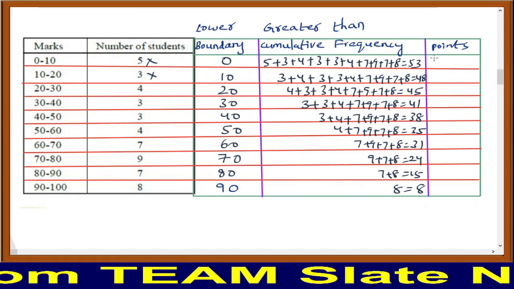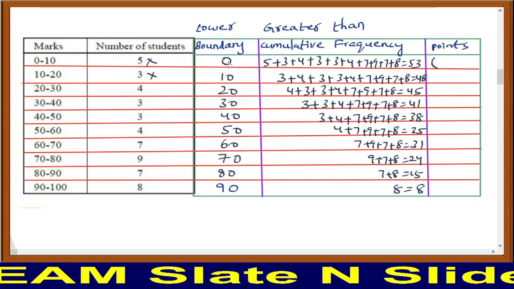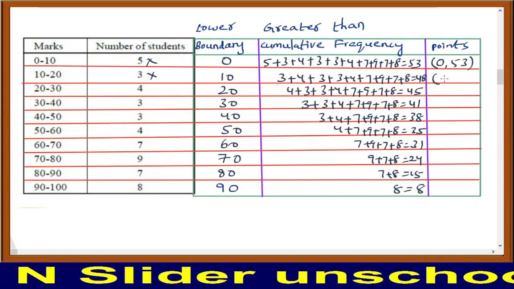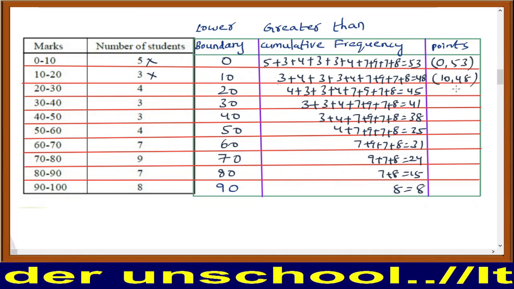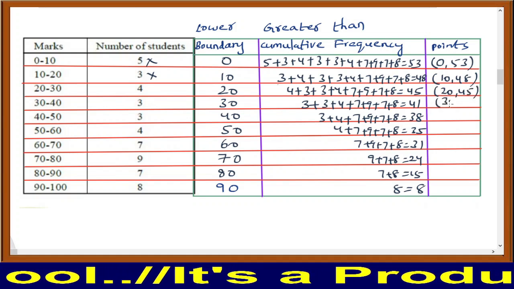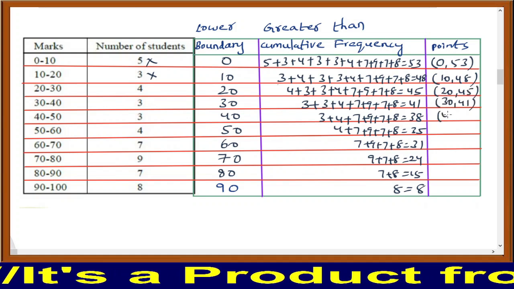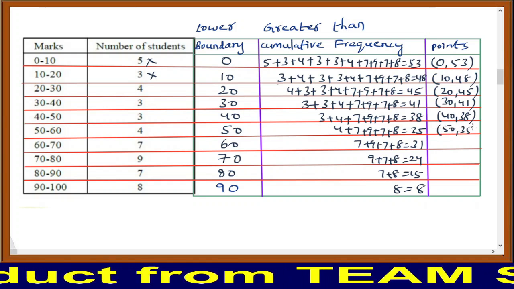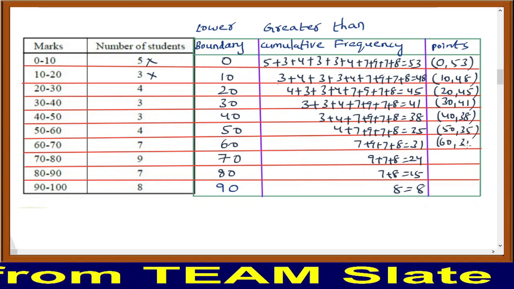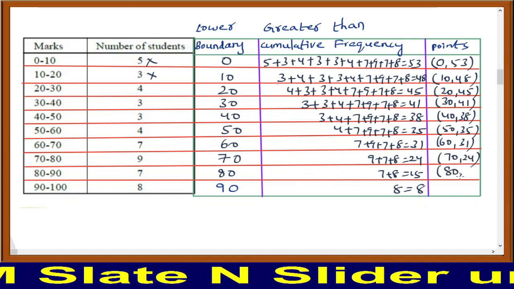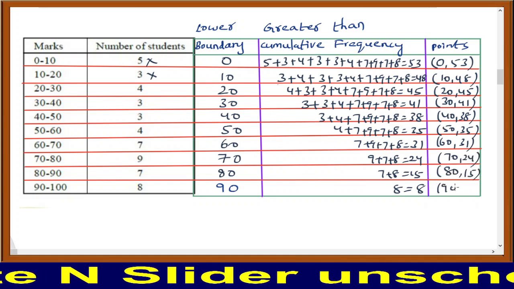So the points will become, so lower boundary is 0, 0 comma 53, and next point will be 10 comma 48 and 20 comma 45, 30 comma 41, 40 comma 38, 50 comma 35, 60 comma 31, 70 comma 24, 80 comma 15, 90 comma 8.